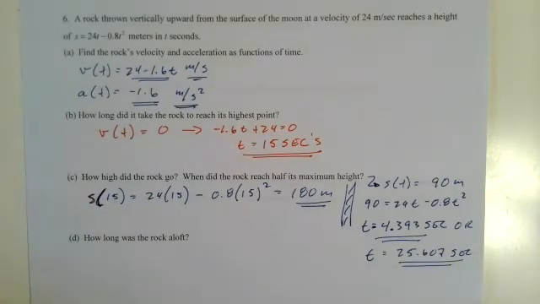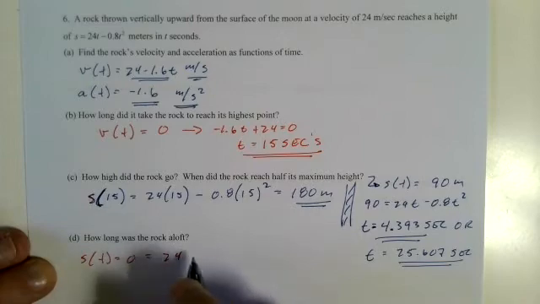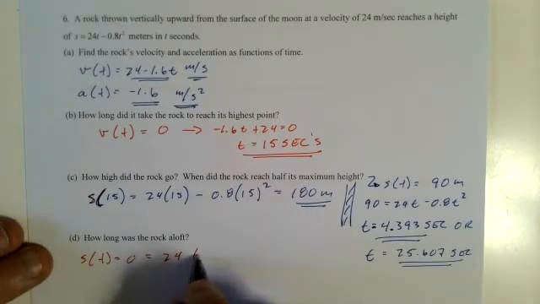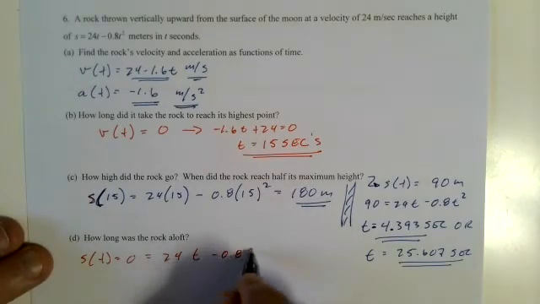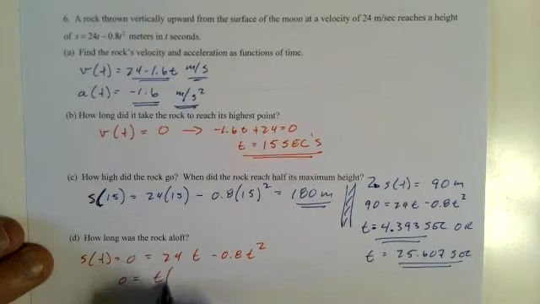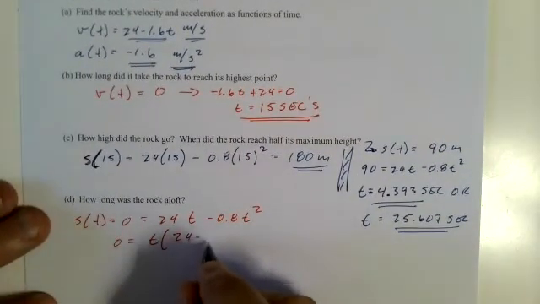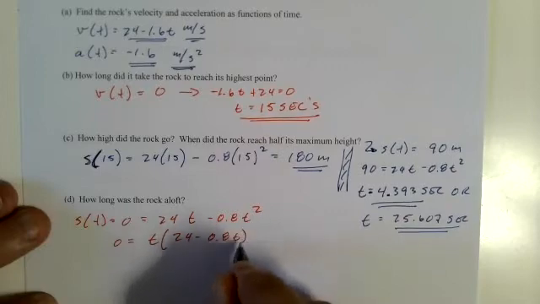How long was the rock aloft? We need when S of t equals 0. So 24 t minus 0.8 t squared equals 0. I know I'm running out of room, but I want to keep this in. I guess I don't have to. So 0 equals t times (24 minus 0.8 t).